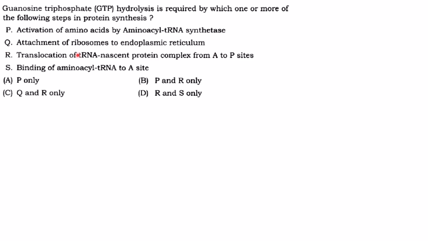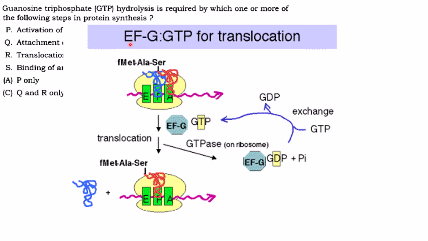Then translocation of tRNA nascent protein complex from A site to P site. So EFG, elongation factor G, is involved in the translocation. So here you have your nascent polypeptide attached to its tRNA at the A site. P site is without any protein or amino acid.